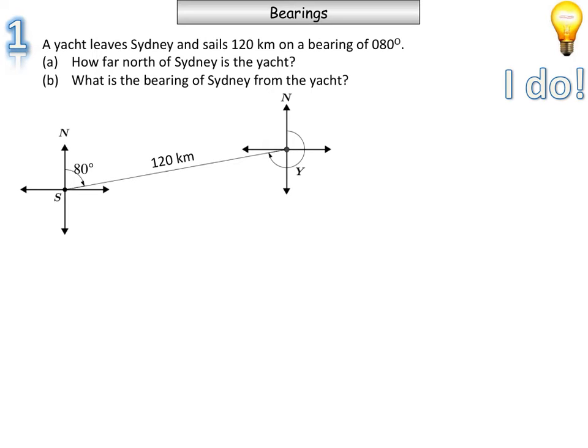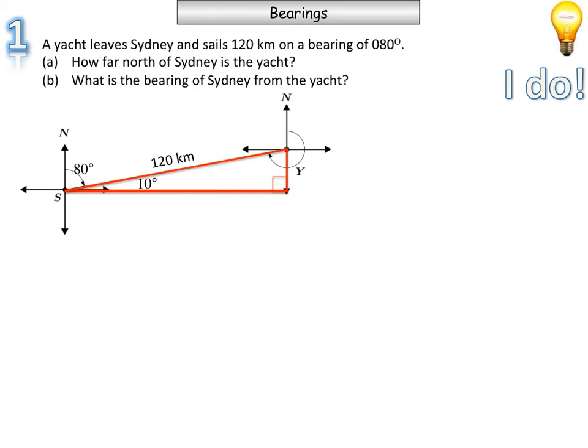We're trying to find the vertical part in part A. Then there's a key word here, from. Looking from the yacht, we need to work out the bearing from that yacht to Sydney. So this angle here is the bearing that we're trying to calculate in part B.